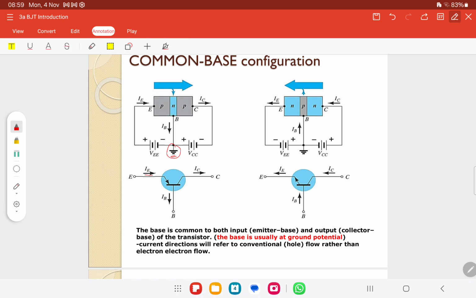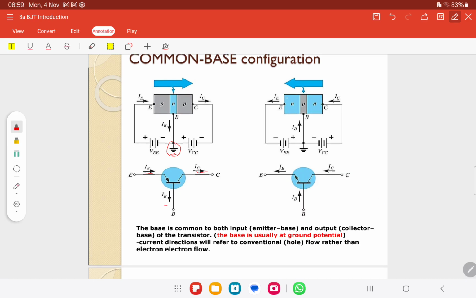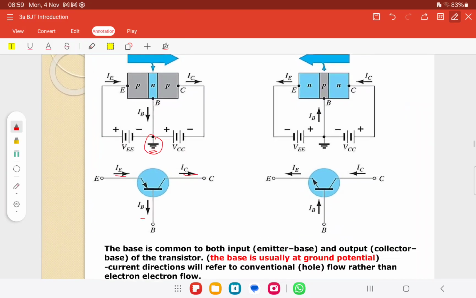So we have the current IE going in, IC coming out, IB coming out as well. This is for PNP. For NPN it is the same, but the flow is reversed, please observe this one. What is different here is the polarity of the voltage source. Can you see the difference? Because for this one we want the current to flow up, and for this one we want it to flow this way, for PNP.